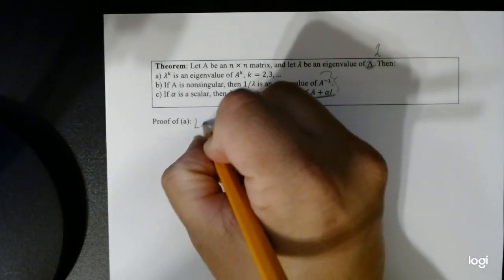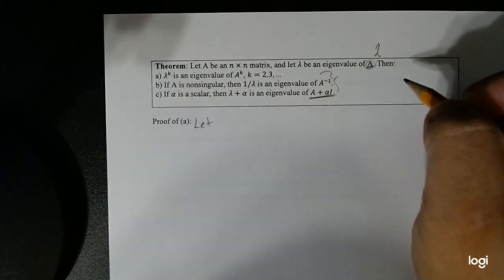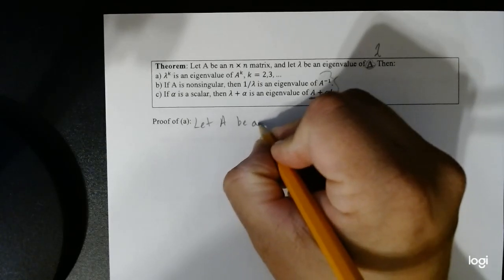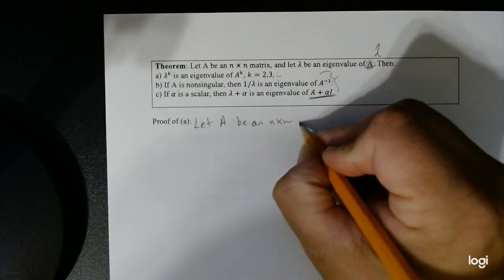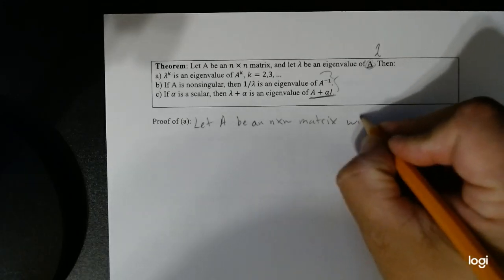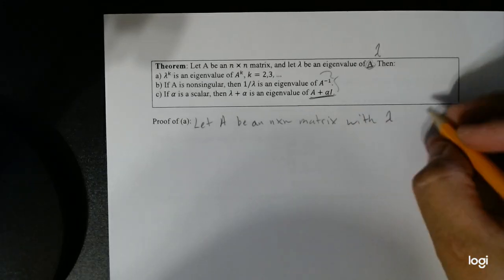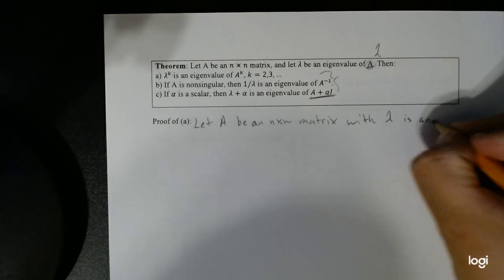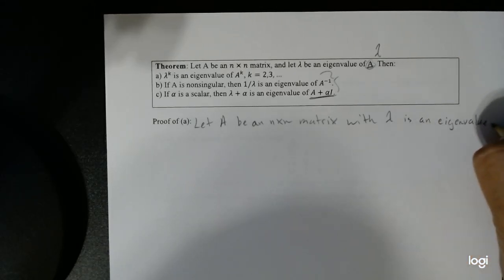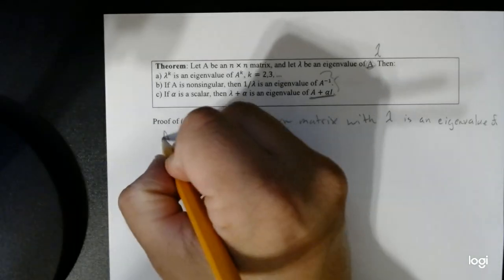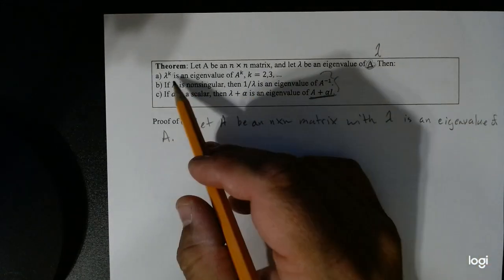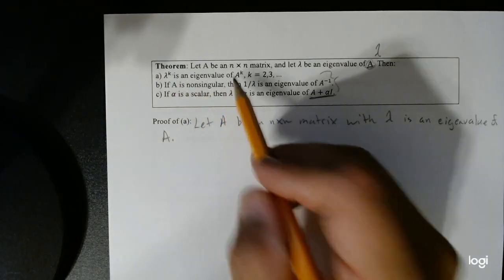So I'm just going to write my hypothesis. So let A be an n by n matrix with lambda an eigenvalue of A. Okay, so we want to show this is an eigenvalue of this as well.